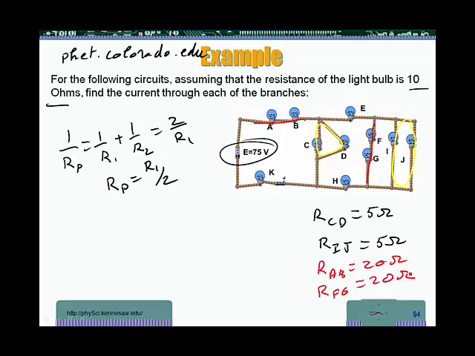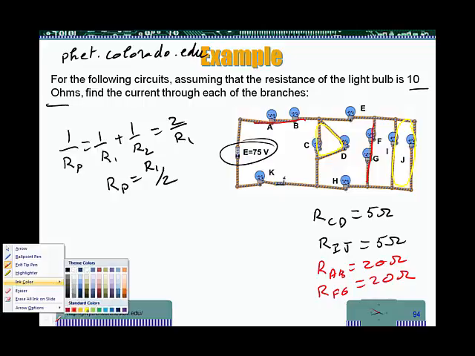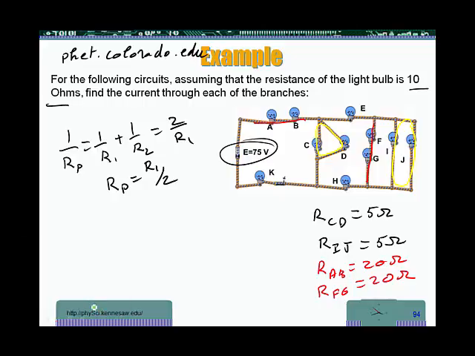Now we need to go a little further. Remember the test for series: any loop that includes one resistor should include the other one, for whatever loop we make in the circuit.